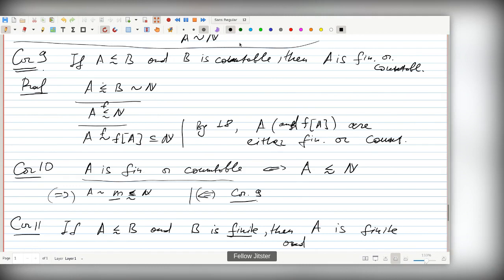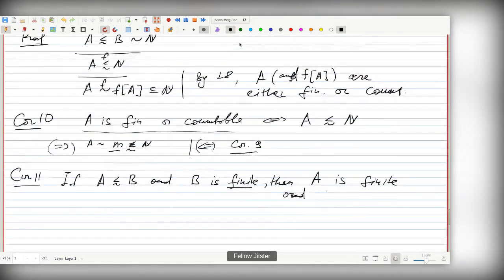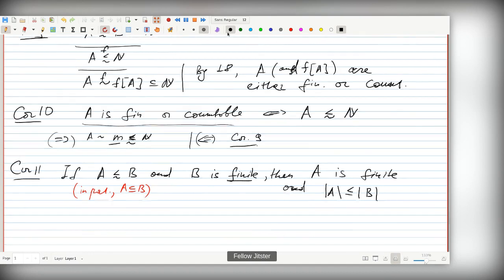And moreover, for finite sets, we have the cardinalities. So the cardinality of A is less or equal than that of B. This is particularly applicable to the case when A is a subset of B. If it is a subset, it is embeddable. So a subset of a finite set is necessarily finite and has not greater cardinality.